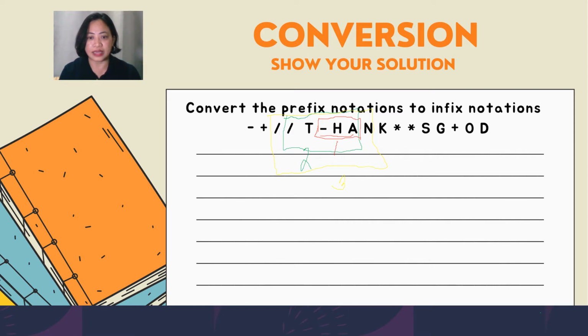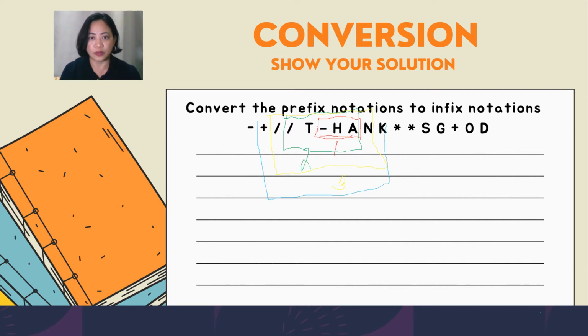Next, we will look for another sequence of operator, operand 3, operand K. So it follows that sequence, operator, operand, operand. So we will have this fourth expression.